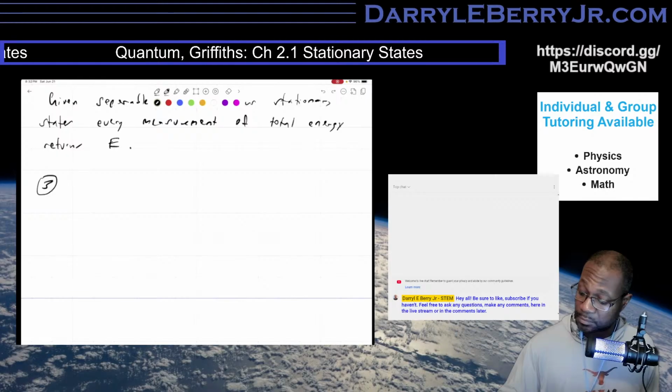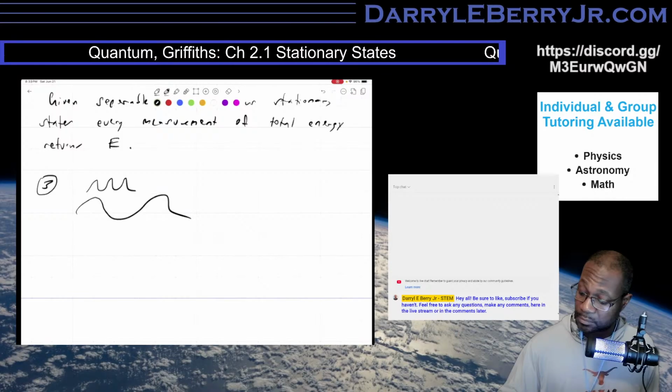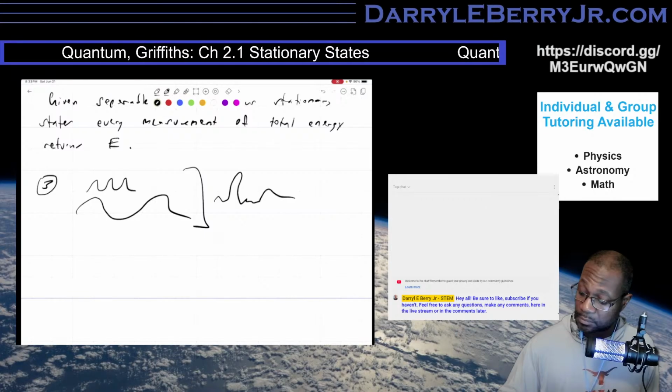and then recognize that since each of these are stationary states, when you have a stationary state that looks like this, and another one that looks like this, you can add these together and you'll get a mixture between them. And the idea is that if you solve for enough of these stationary states and add them together in a precise way, you'll be able to get any general state.